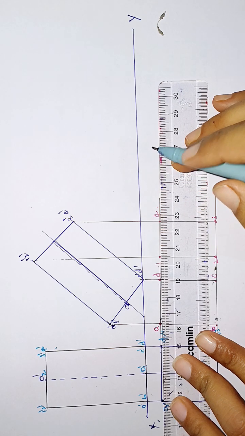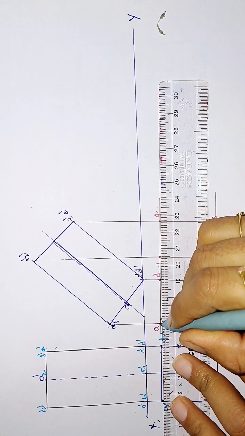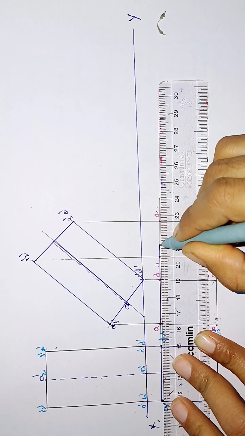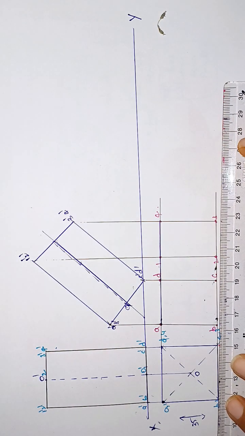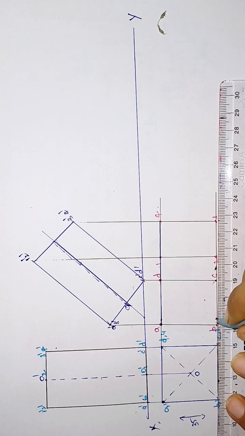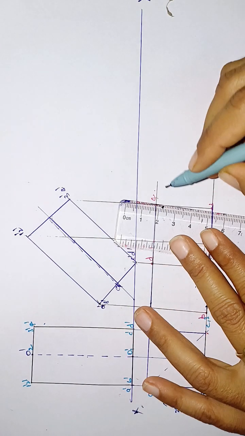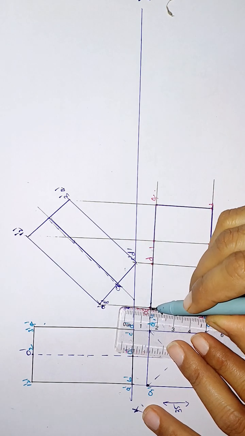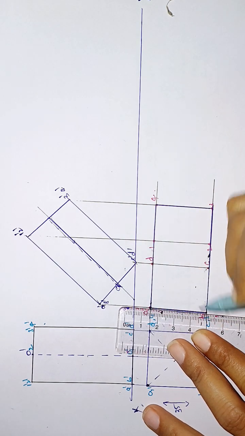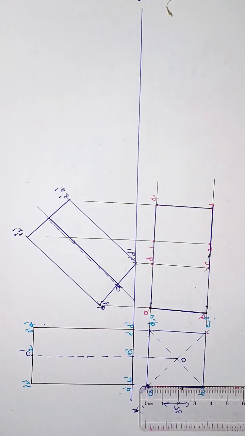So first you have to draw the boundary lines A, D, 1 and 4. And similarly you have to draw the boundary lines B and C and 3. Similarly 4 and 3 also, the boundary line of the right side, the boundary line of the left side of A and B. So you have to draw the boundary lines first.